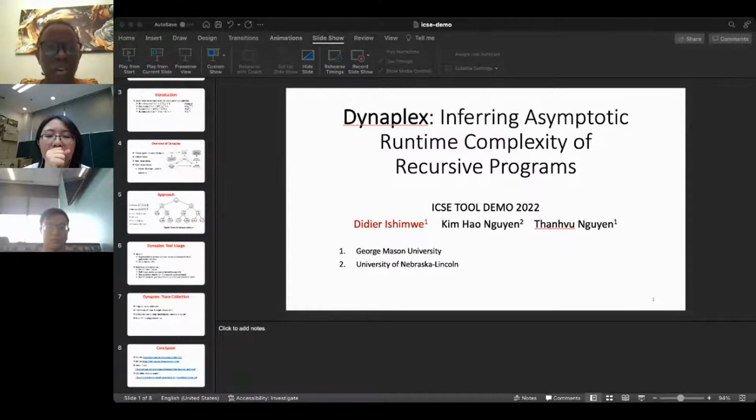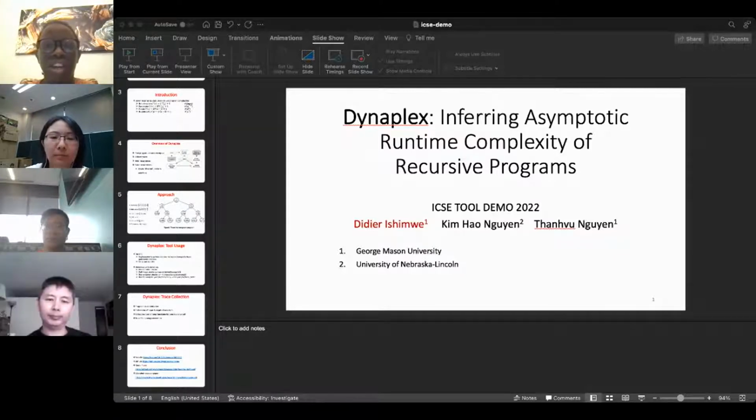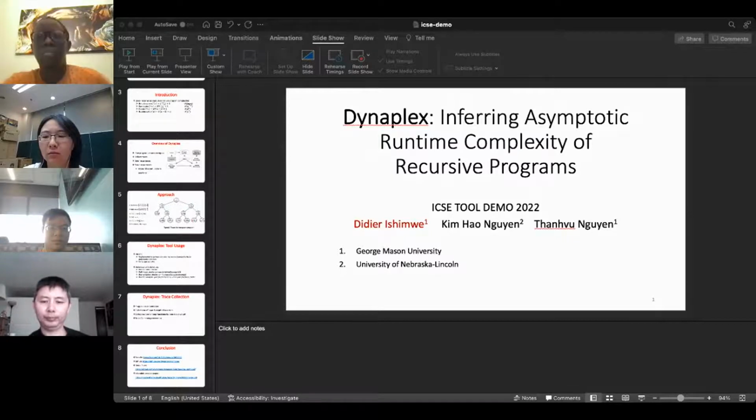The Karatsuba multiplication algorithm, which has a polynomial complexity with an irrational degree, can also be expressed using a divide and conquer linear recurrence. So linear recurrences can express program complexities from linear to exponential, logarithmic, and so on.